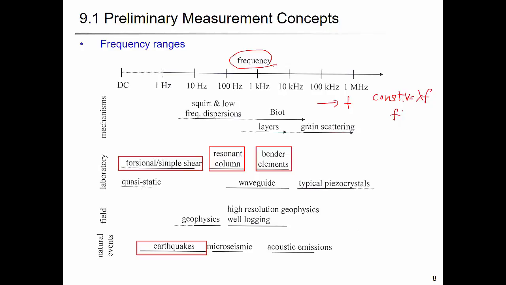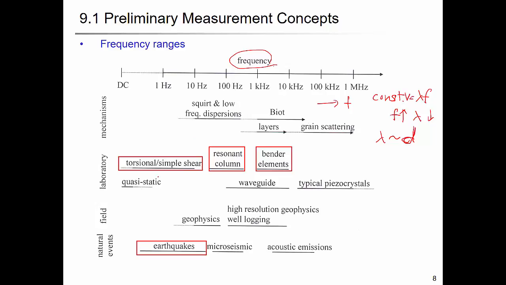As f increases, lambda decreases, so that if the lambda is comparable to the diameter of the sample, then you have a scattering that becomes very dominant in the wave propagation. So soil is intrinsically a low pass filtering media, because of the particle size.